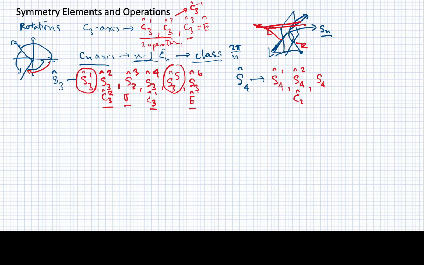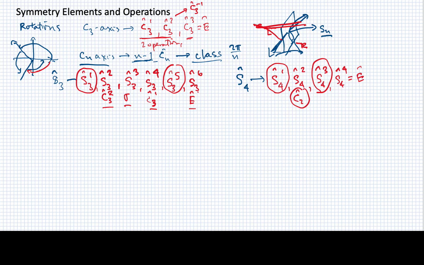I'll have S4 operated 3 times, and I'll have S4 operated 4 times, which is equivalent to getting back to my starting point. So again, I will give rise to 2 different new operators plus one that is equivalent to a C2 type operation. So I have to be very careful in how I count the number of operations that arise from an improper rotation axis versus one that comes from a proper rotation axis.